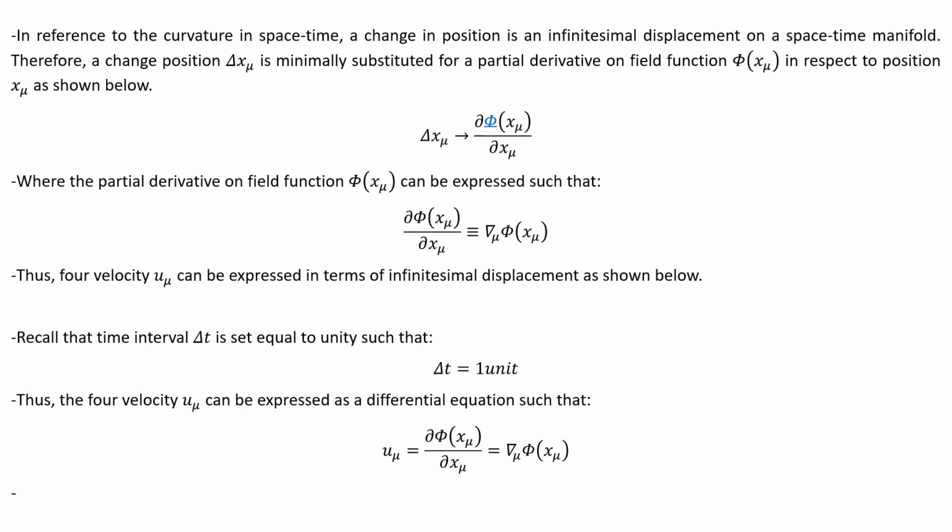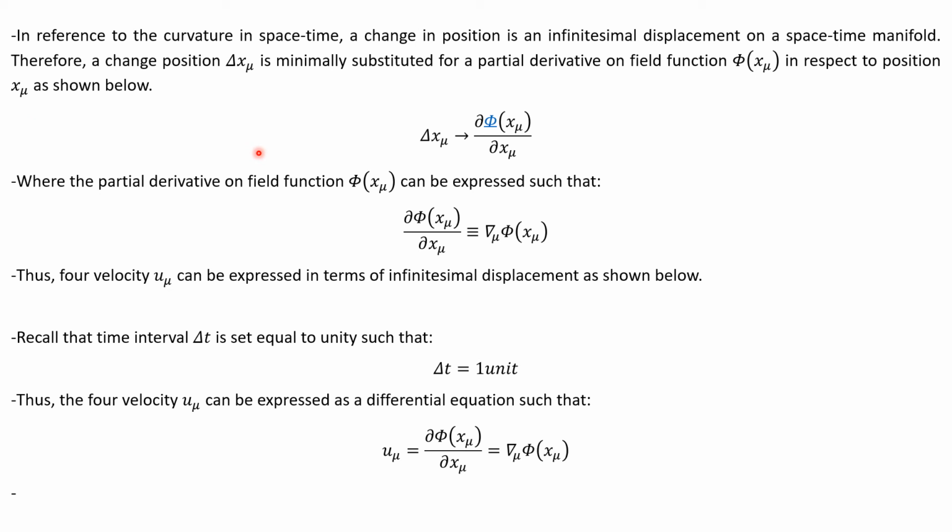Moving on. In reference to the curvature in spacetime, a change in position is an infinitesimal displacement on a spacetime manifold. Therefore, a change in position, delta x, is minimally substituted for a partial derivative on the field function phi with respect to position x as shown below.